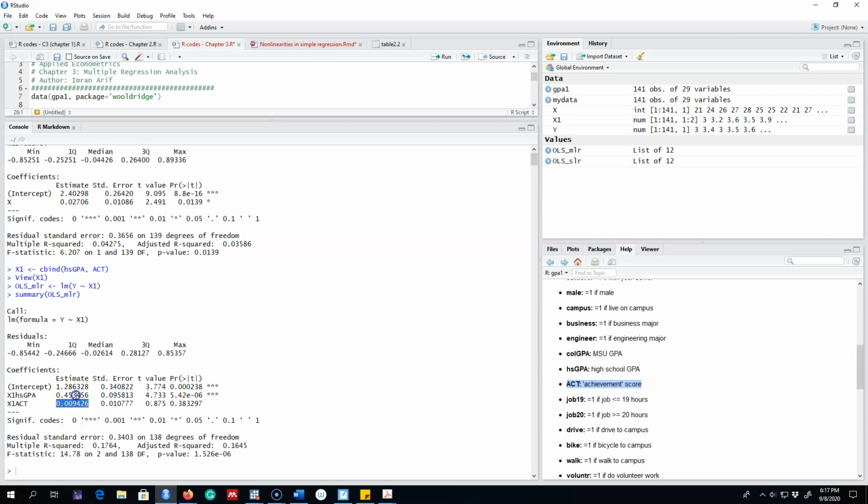Again, the first parameter shows the impact on college GPA of high school GPA holding ACT constant. And this parameter shows the impact of ACT on college GPA holding high school GPA constant. That is, holding all other factors constant. So this is how you interpret these beta coefficients.